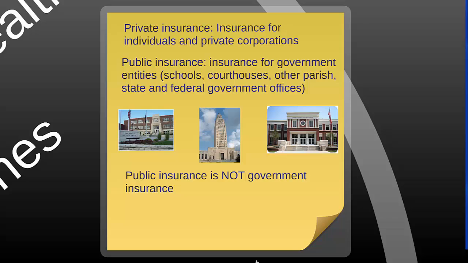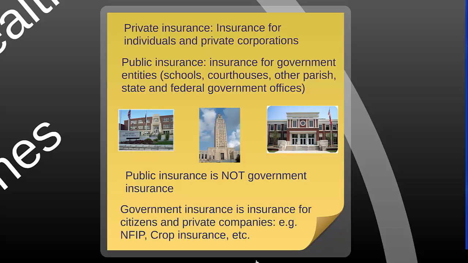But note that public insurance is not government insurance. Public insurance, again, is for government entities. Government insurance is insurance for citizens and private companies that cannot be insured through the private insurance market, at least not through the standard market, such as the National Flood Insurance Program, crop insurance, Social Security, etc.